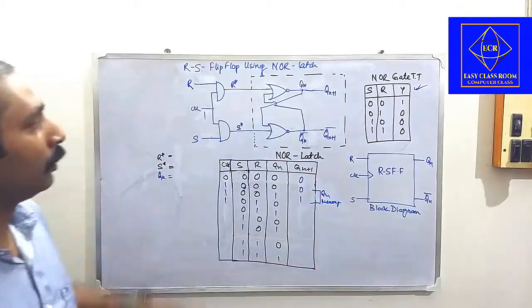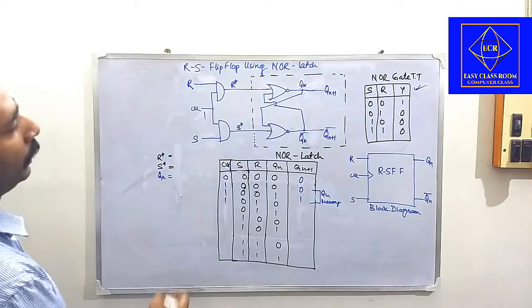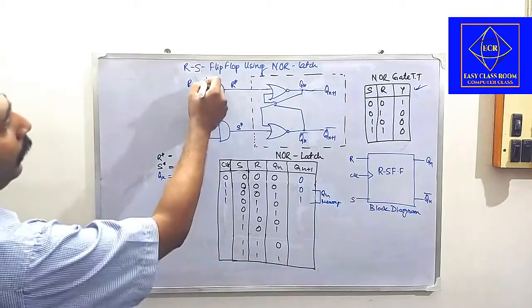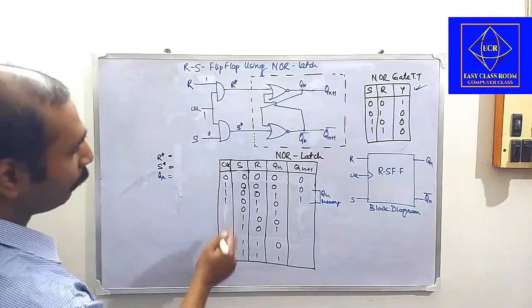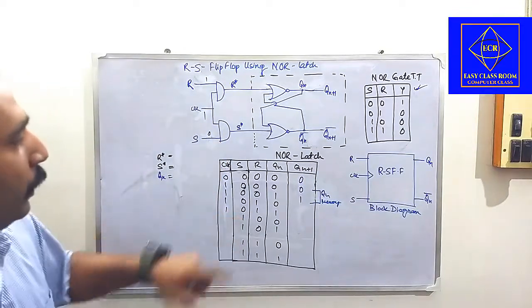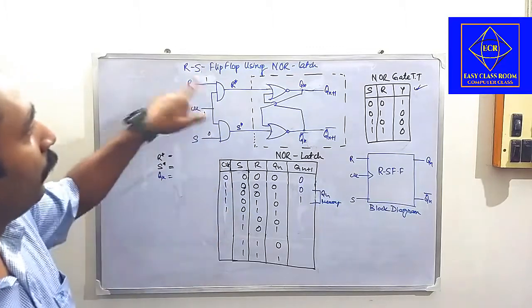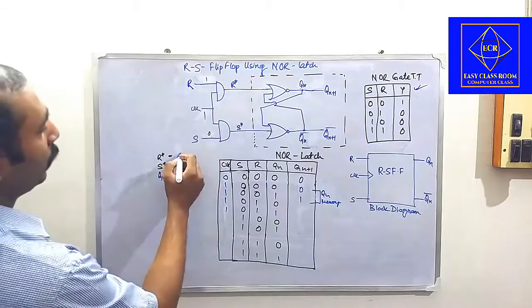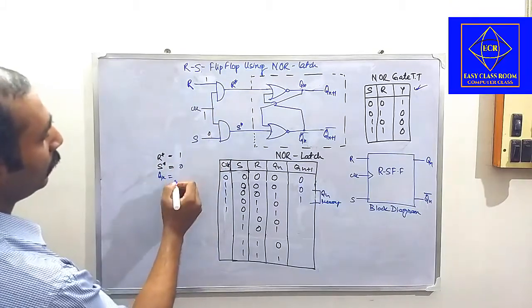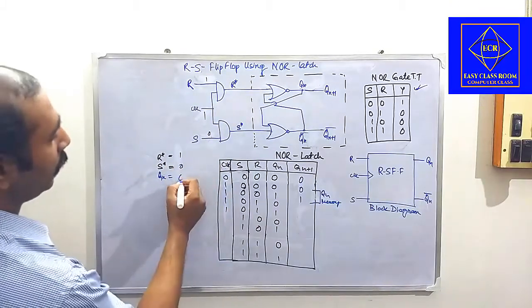Okay. So now if we make this R as 1 and S is 0 for this one only. Okay. So for this one, what will happen? Okay. So if the reset pin is 1, what will happen? This 1 and 1 will give me 1 and this S is 0 and QN is 0.